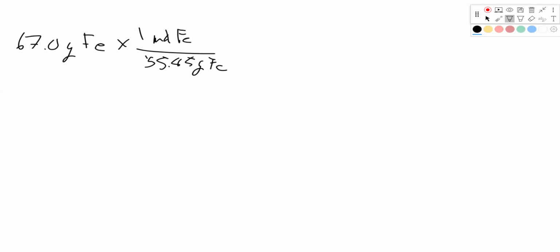So grams of iron cancel. And then I could just go and have moles of iron here. But instead of doing that, I'm going to not make this a super long process.